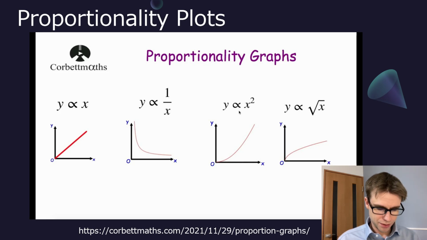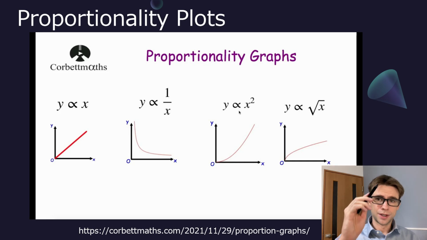Another one that might be important today is y proportional to 1 over x, and also 1 over x squared or cubed. Basically all of these relationships in graphs will look very similar. It's like a curved line that approaches both axes as you get to the extremes.